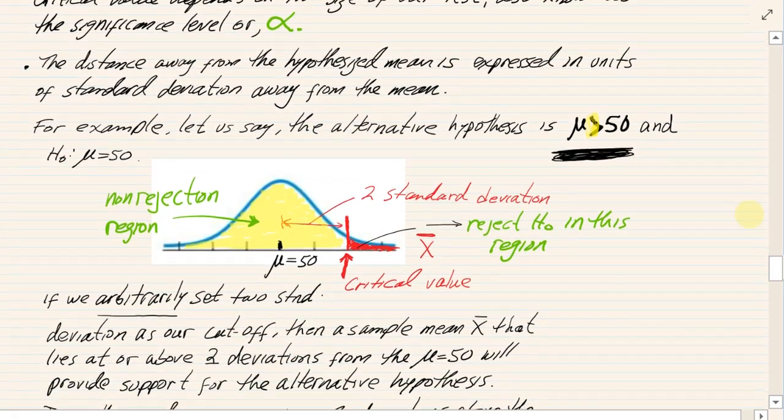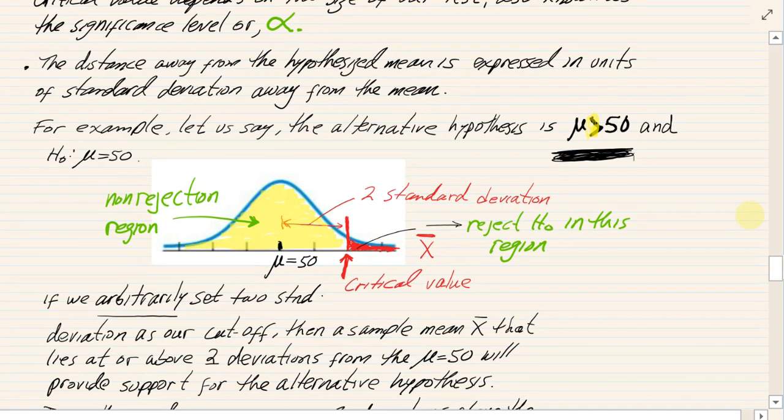And again, I arbitrarily set that at 2 standard deviations. Just want to point that out. Another researcher may say, well, my critical value is going to be 3 deviations. Somebody else says, no, 1 deviation. The greater the critical value, the higher the bar, the smaller this rejection region, and it's harder to reject that null hypothesis.